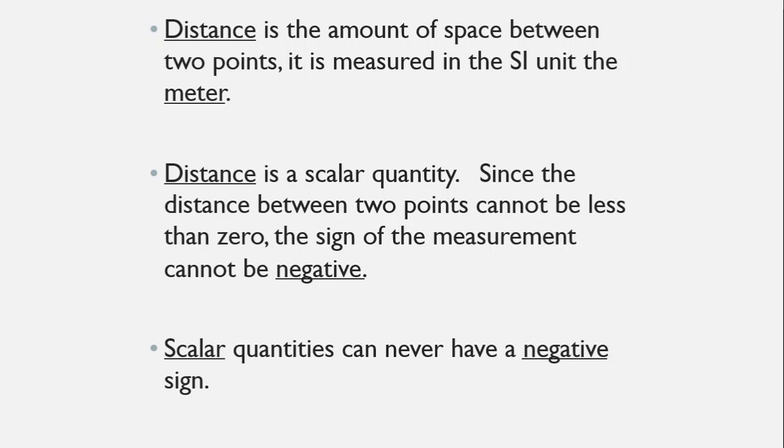I'm sorry, I misread that. Since the distance between 2 points cannot be less than 0, the sign for distance cannot be negative. Okay, I'm getting ahead of myself. So scalar quantities cannot have a negative sign. They're just the total distance between 2 points.